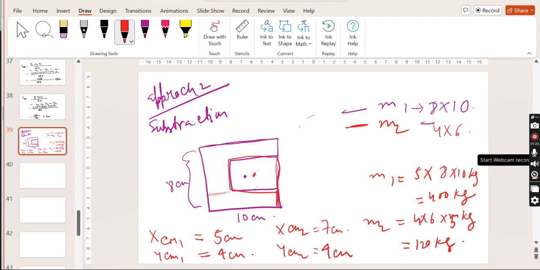So they are the same. From this and the previous calculation, we know the y coordinate of the whole system's center of mass is going to be at 4 centimeter.